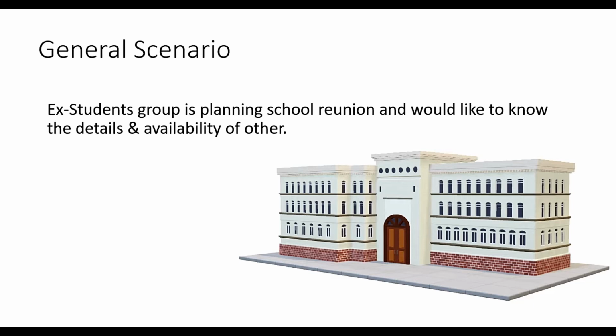The challenge here is communicating with and getting information from ex-students of different batches, and aggregating all of it, because that information will help you take some decisions. Decisions can be, for example, what would be the right venue.